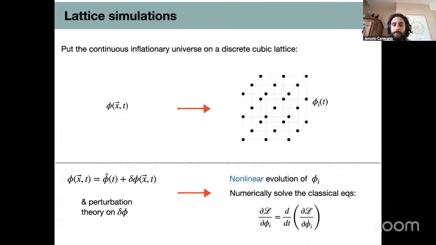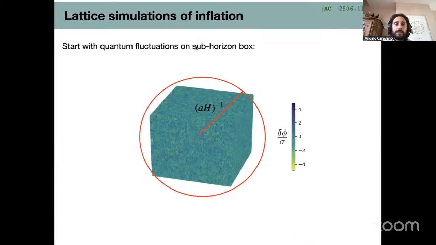That's just the basics. Now, the way these techniques work is that the starting point, you start with a box, a cubic box. This is typically a cubic simulation. And you start when this cubic box, whose size is up to you, is inside the horizon during inflation. So for example, if you're interested in studying very large cosmological scales, you can take this to be the whole universe.